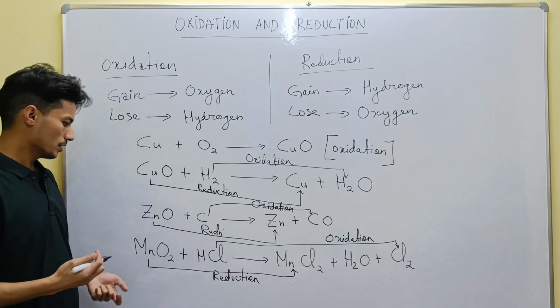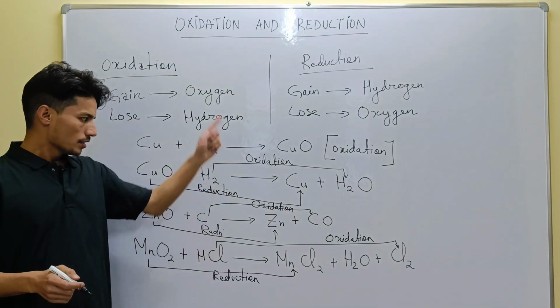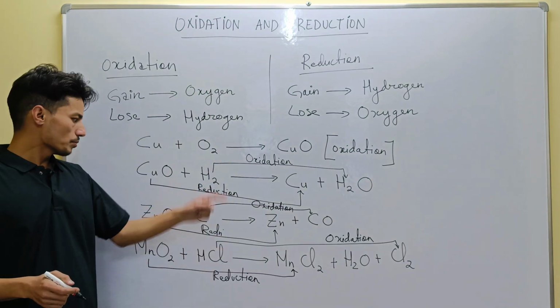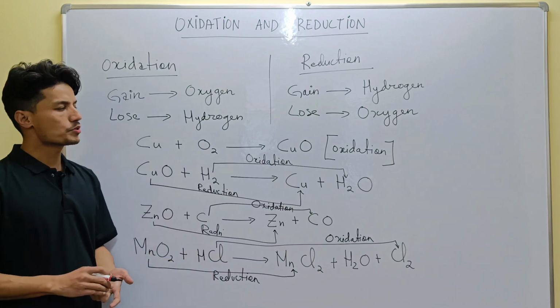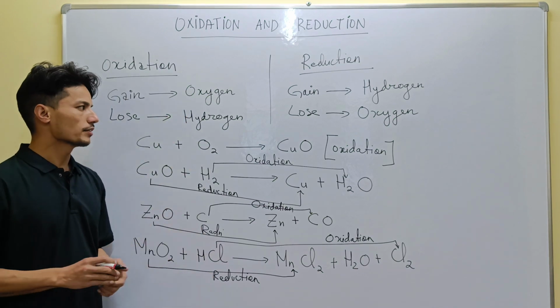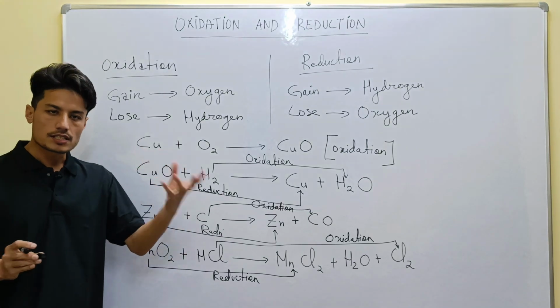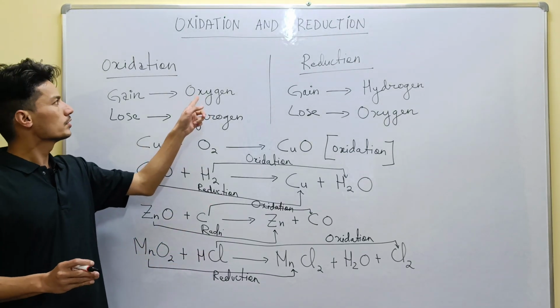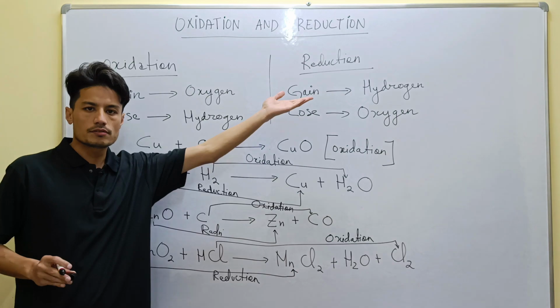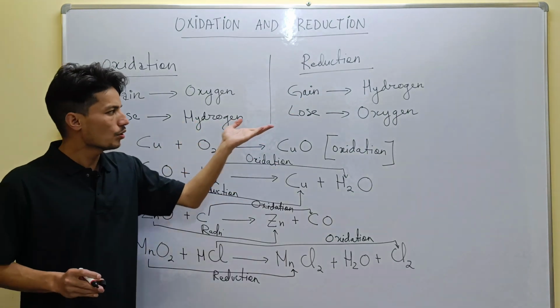Okay, it's not difficult. So these examples, you practice them again and again, and I'm sure you will be able to master it. The concept of oxidation and reduction is not very difficult. It is discussed in terms of gain of oxygen and gain of hydrogen, loss of hydrogen or loss of oxygen.